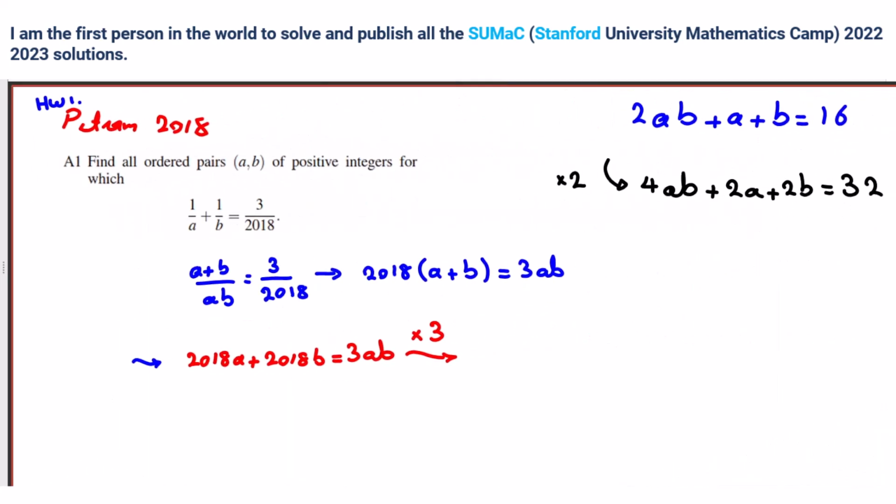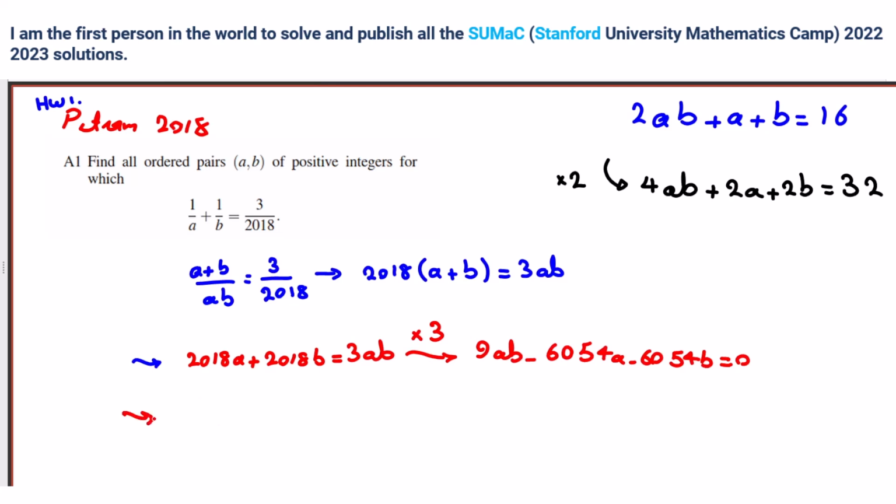Okay, sir. So basically, now we can say that 6054 plus a, and then the second one is 6054 plus b, is equal to 9ab minus 6054a minus 6054b is equal to 0.